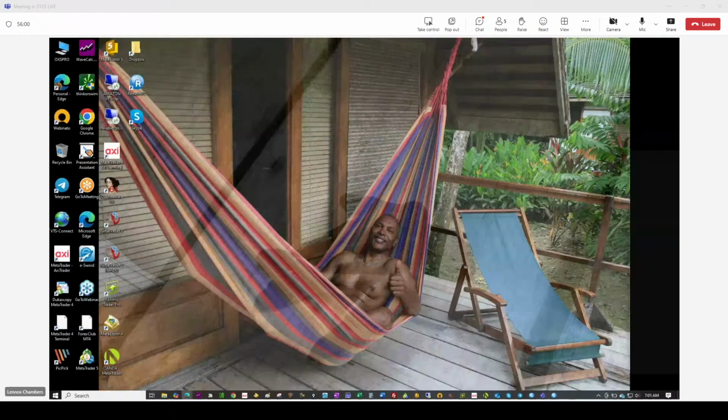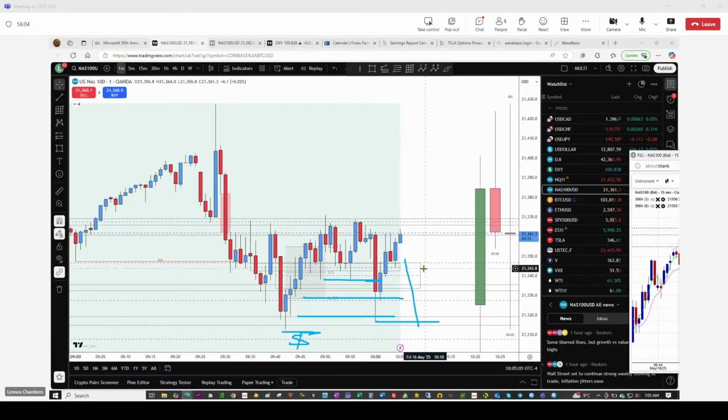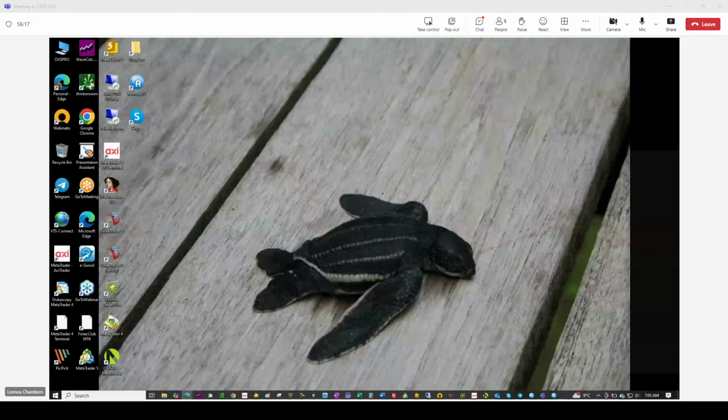Oh, you just missed me in the hammock there. Nice shot of me hanging out in the hammock. What kind of animal was that? Not you, the other one. Those are turtles that come up out of the ocean once a year or something and make babies. It's one of their babies. Beautiful.